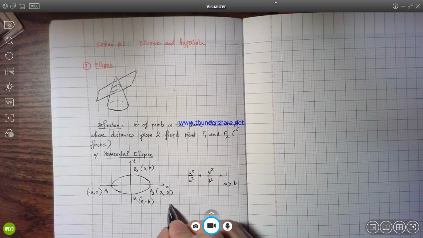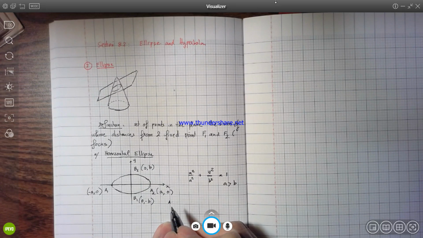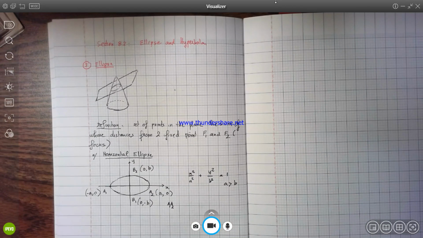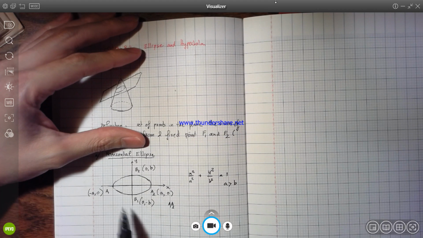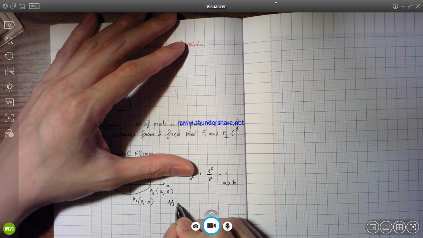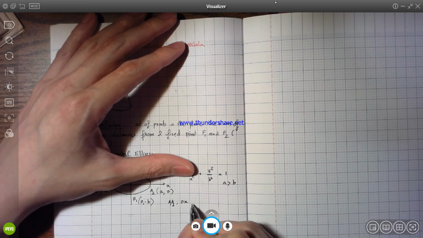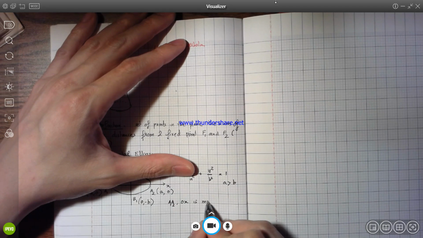And A1, A2. I can say that it's on the OX, right? Because A1, A2 is on OX, and because it's greater than B1 and B2, I can say that OX is the major axis.